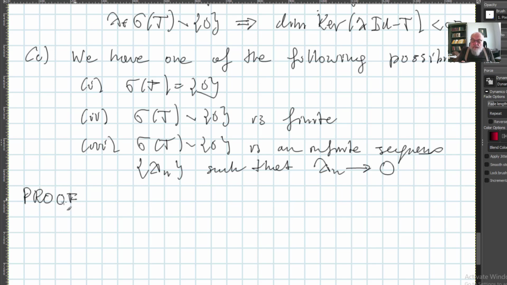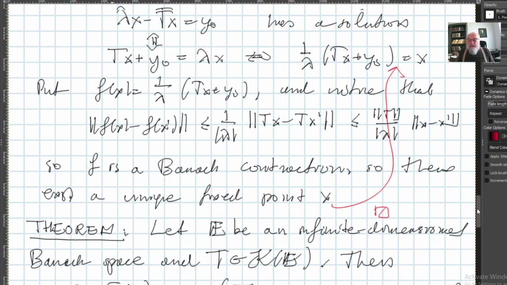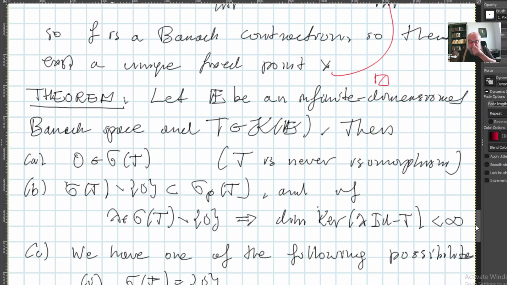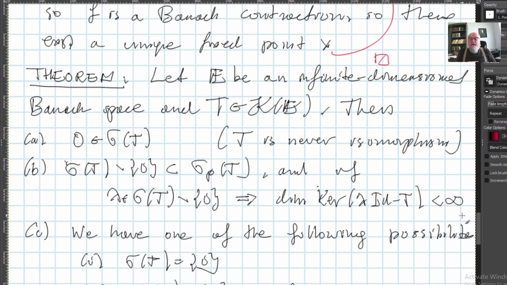So the proof, we will be able to achieve it in short time. So notice that statement A is always true. Why? Because T cannot be an isomorphism because it's compact.